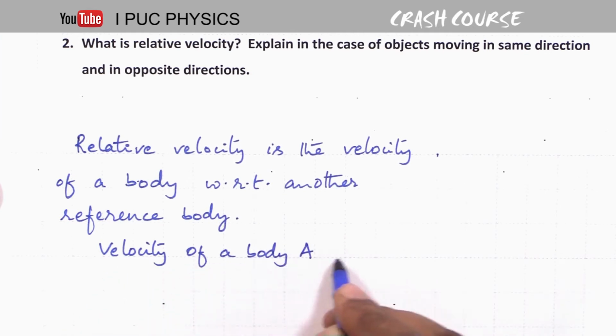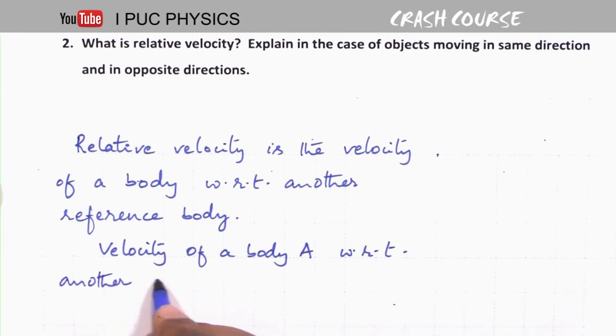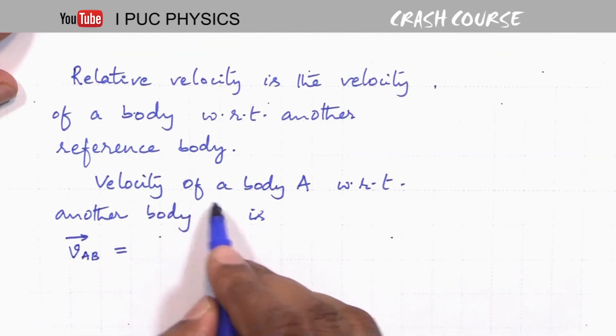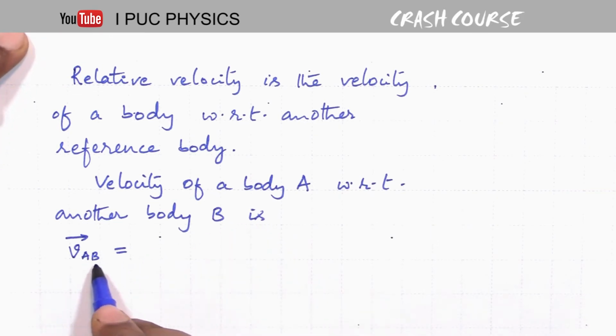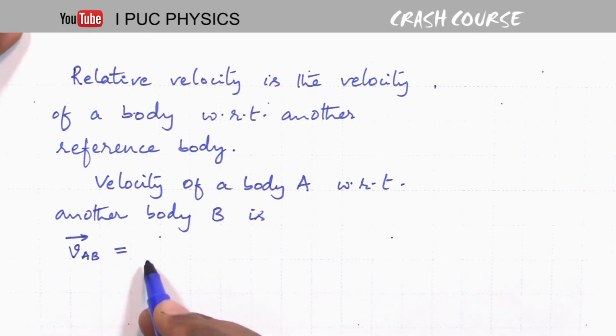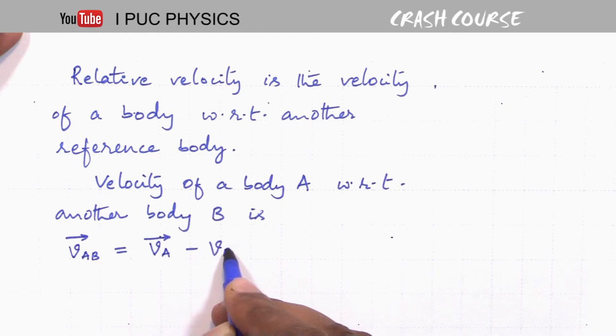Velocity of a body A with respect to another body B is denoted by VAB, and it is defined as VA minus VB. So this is the relative velocity.